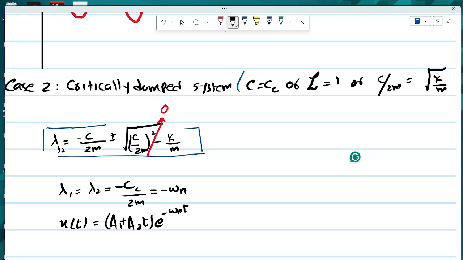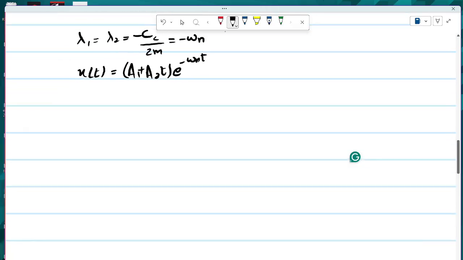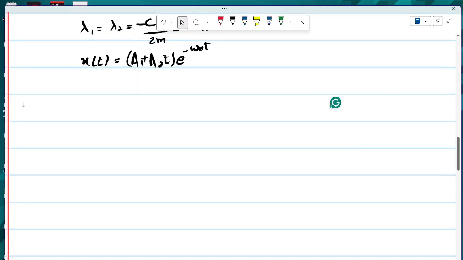Now the last one would be the overdamped system. So what happens when the system is overdamped? That's case 3.